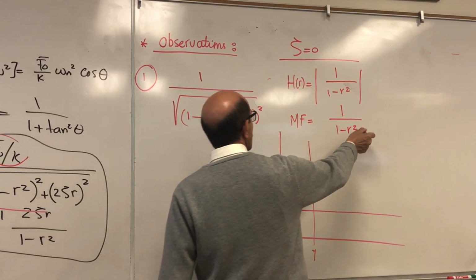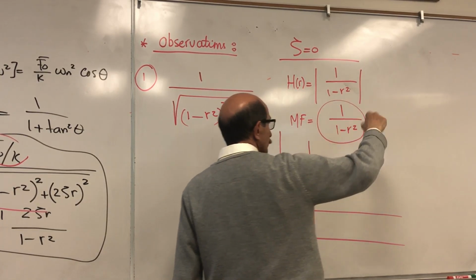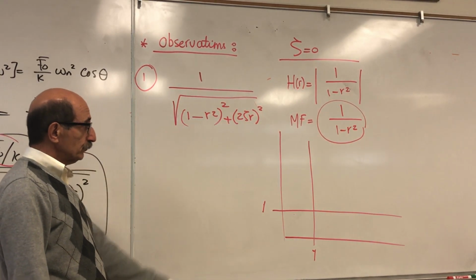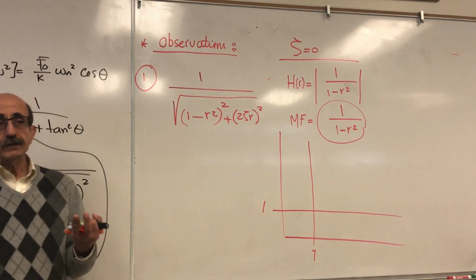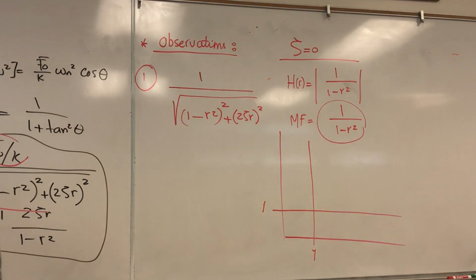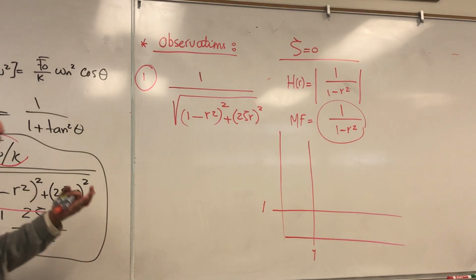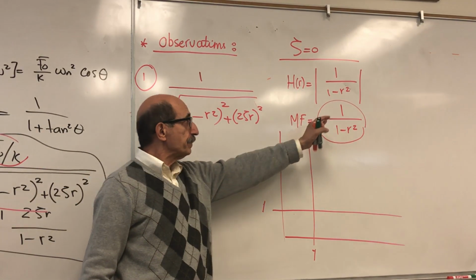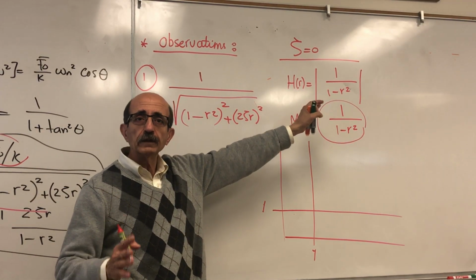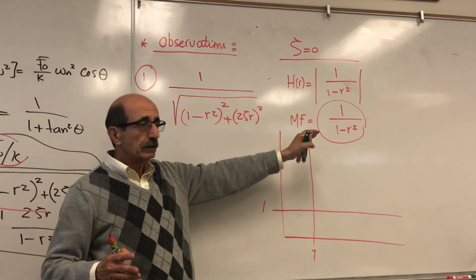First of all, what is this magnification factor? The amplification or magnification factor shows you how the dynamic response is amplified given the frequency ratio. In this case, this was a function of only the frequency ratio.